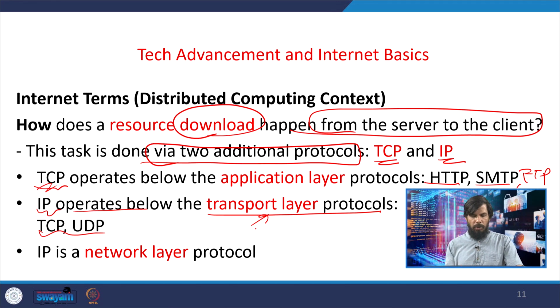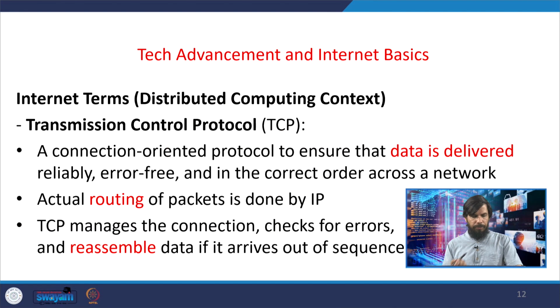So, TCP and UDP operate under the application layer and form the transport layer protocols, and IP is a part of the network layer protocol and it operates under the transport layer protocols, which comprise options like TCP, UDP and all that, right.